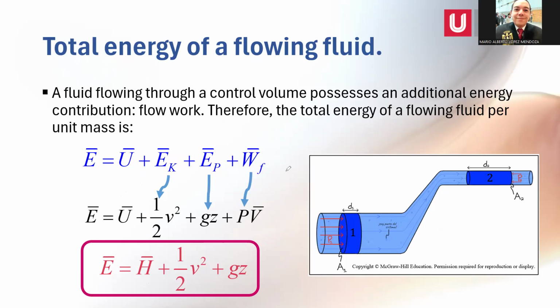And about the internal energy, we don't have a formula or an equation for the calculation. It depends on the properties of the fluid. So we have some kind of correlation or some kind of empirical equations for estimating it, but it depends on the fluid.